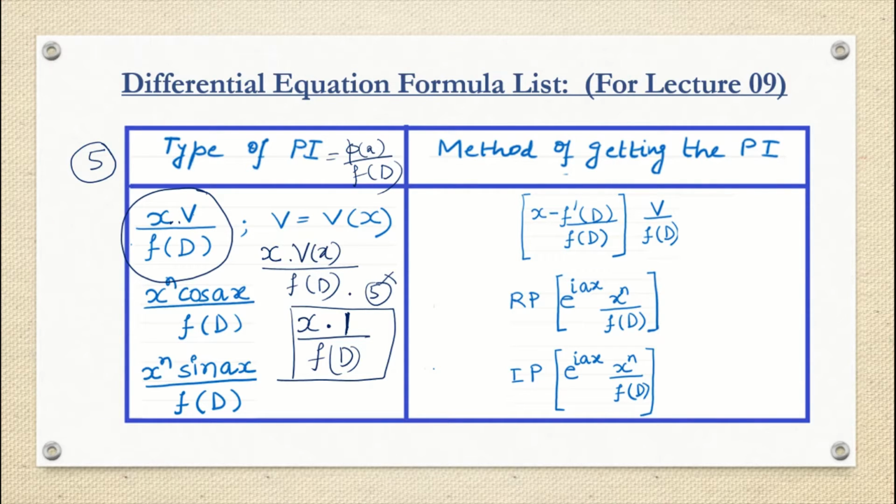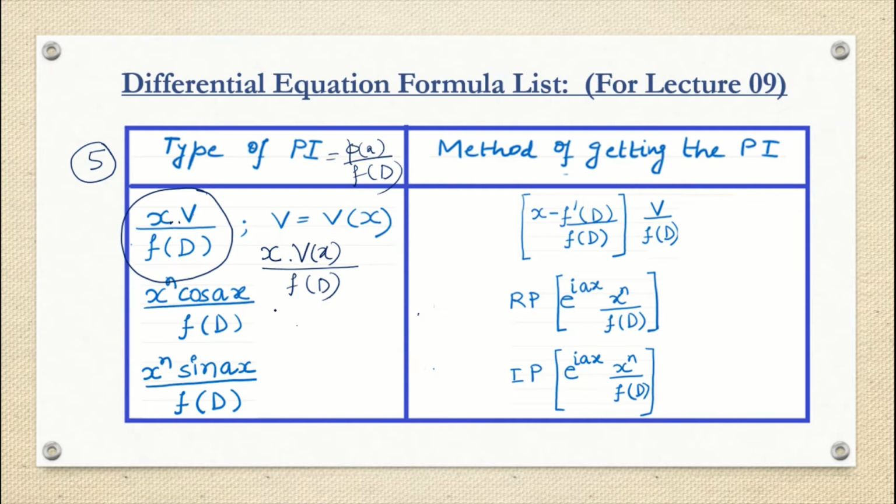Here some function should be present, some term should be present where some x should be present. 1 is not my function of x. So we can say that this is nothing but actually x divided by f(D). Can you tell me what type is this x divided by f(D)? This is actually type 3. Why? Because this x you can write in terms of polynomial, correct?